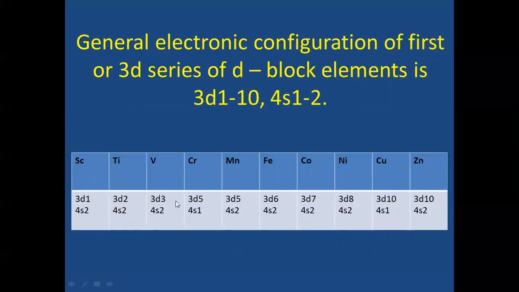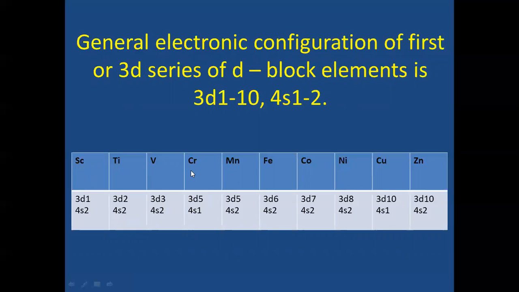Similarly, up to vanadium, 4s is completely filled and the last electron enters 3d. Then it should have been 3d4 4s2 for chromium.